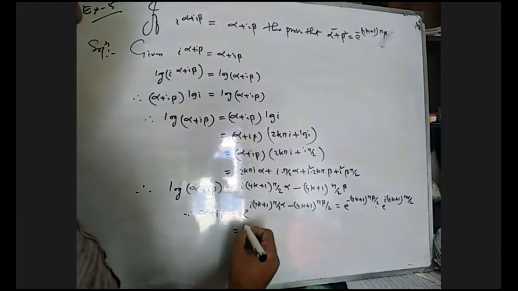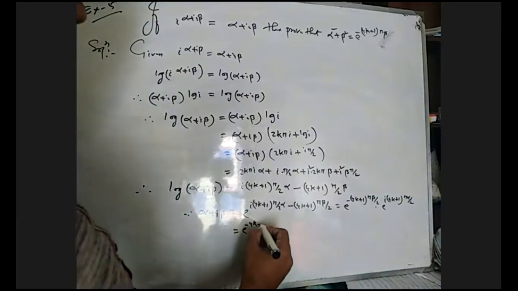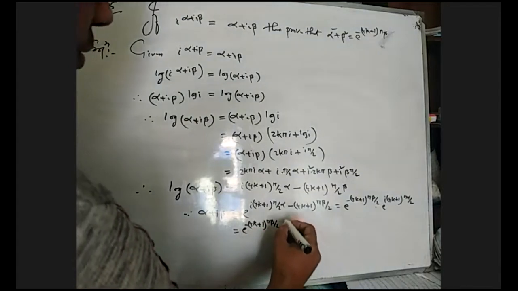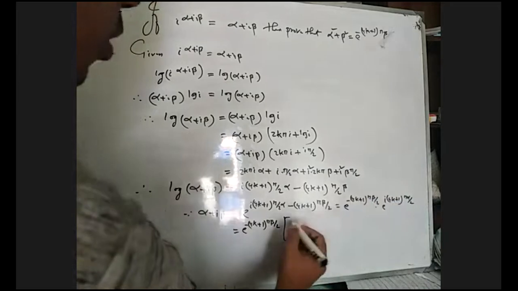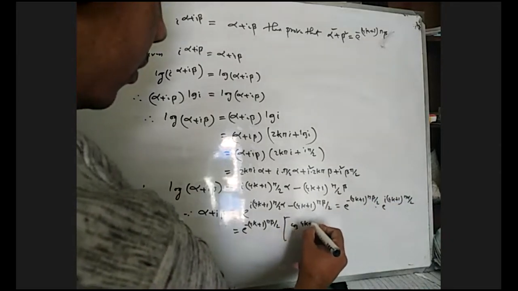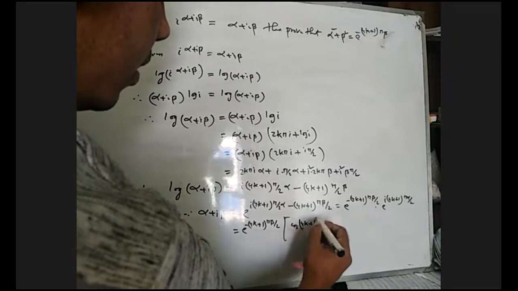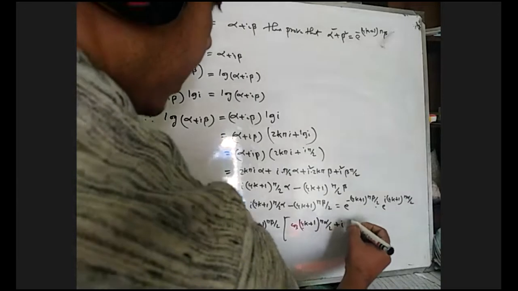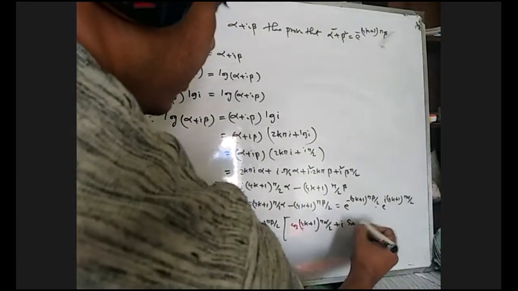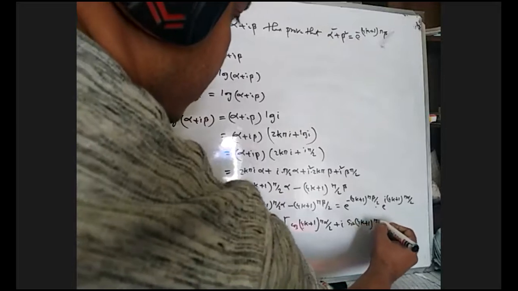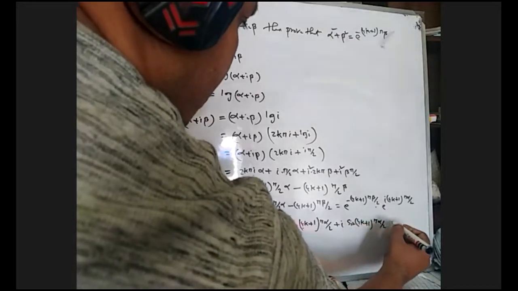So e to the power i theta formula: cos theta plus i sin theta. Theta means what? (4k plus 1) pi alpha by 2.